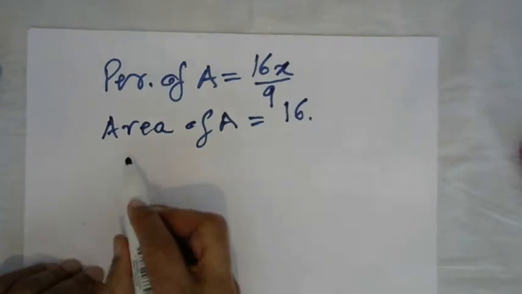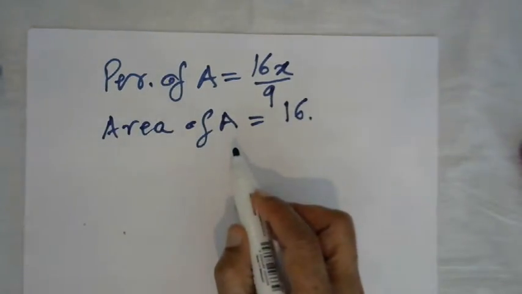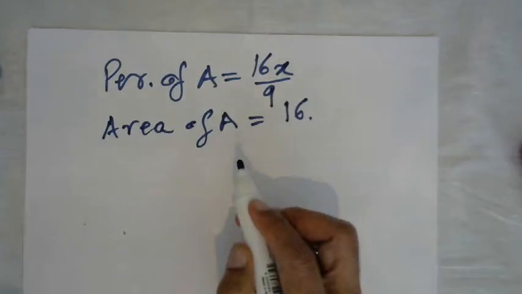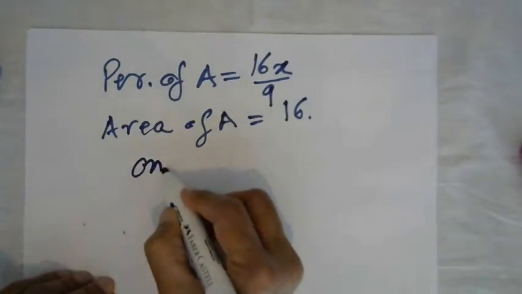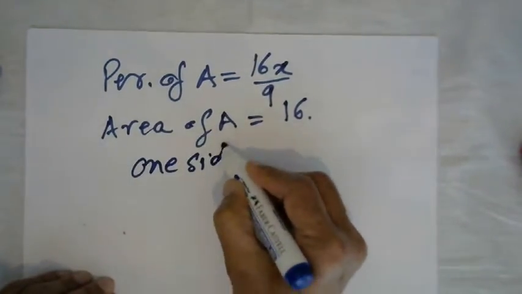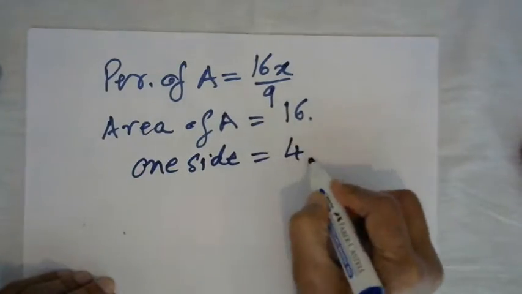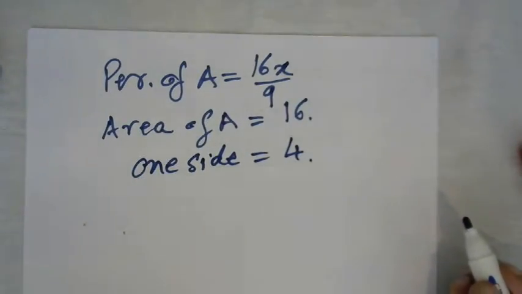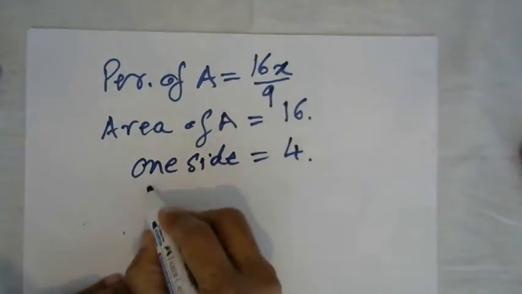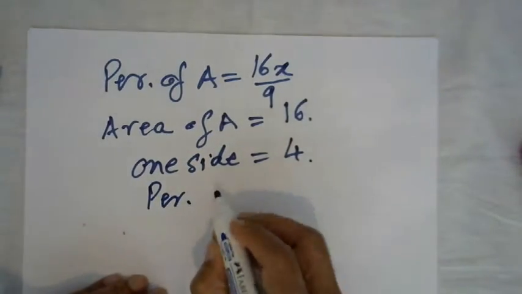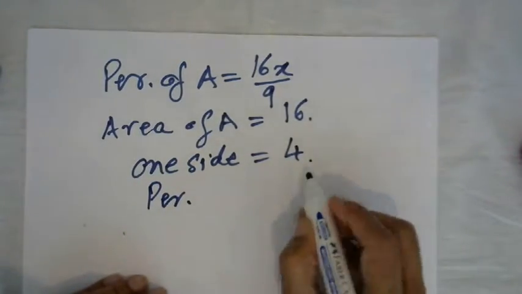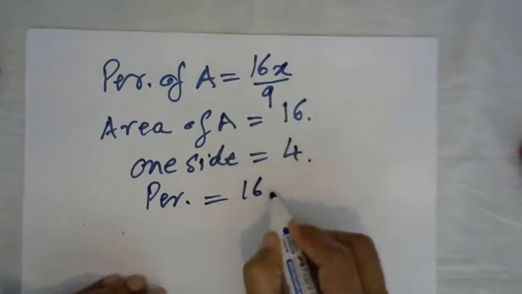Now if the area of A is 16, one side would be 4, right? And the perimeter would be 4 plus 4 plus 4 plus 4 would be 16.